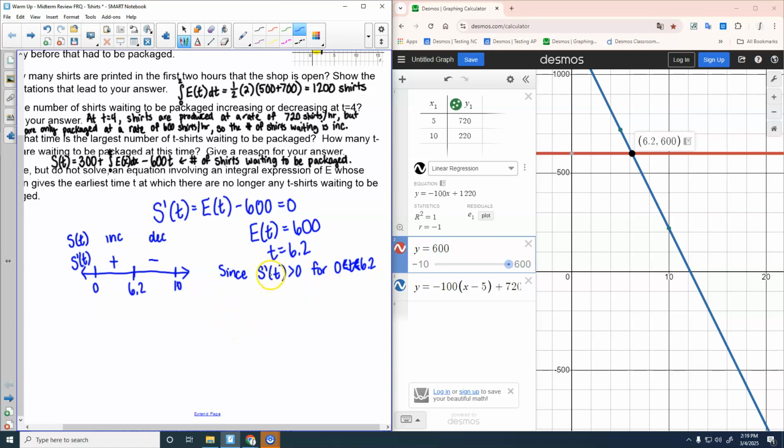Since we have a positive derivative here, S increases on that interval. Since S prime of t is less than 0 for 6.2 less than t less than 10, S decreases on that interval.